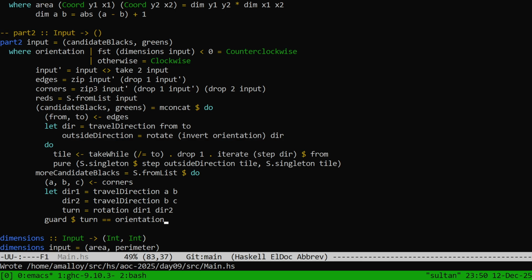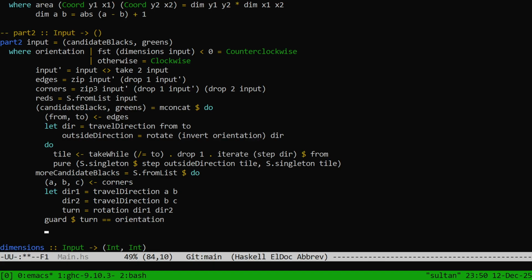Then we have to look... Let's see. We have dir 1 and dir 2 already. So I just need to move from B in the old direction, because that's kind of continuing through B. And then move in the direction of dir 1, rather.